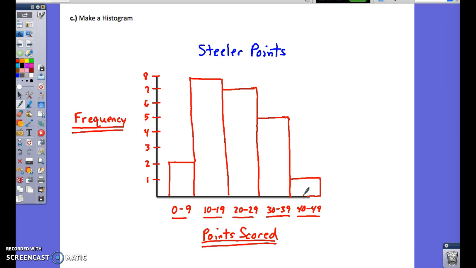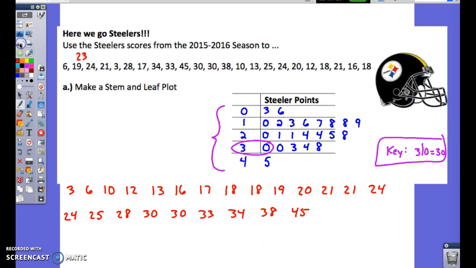Now, an interesting little side note, I'm going to backtrack here. If you take a look at the stem and leaf plot, and you put little bars right here, but if you take a look at these values right here in red, if you tilt your head to the right 90 degrees, what you have is actually a picture of the histogram.